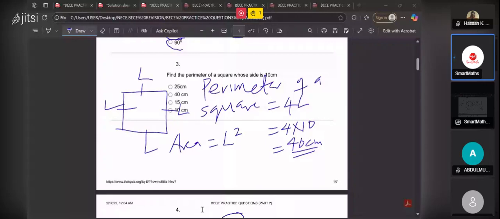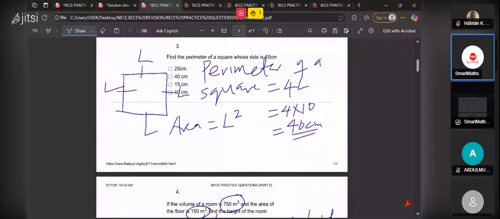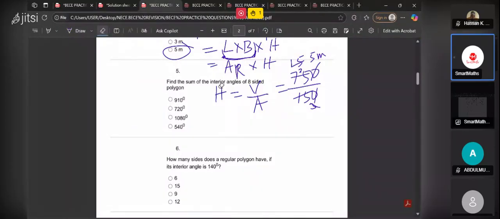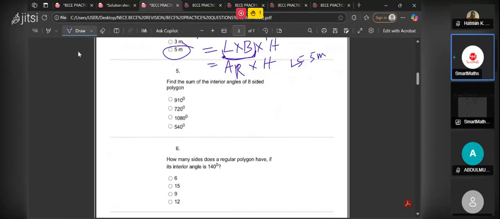All right, let's move to the next one. Question 5 now. This answer is very important. Question 5: find the sum of the interior angles of a six-sided polygon. The sum of interior angles of a polygon is equal to n minus 2 times 180.